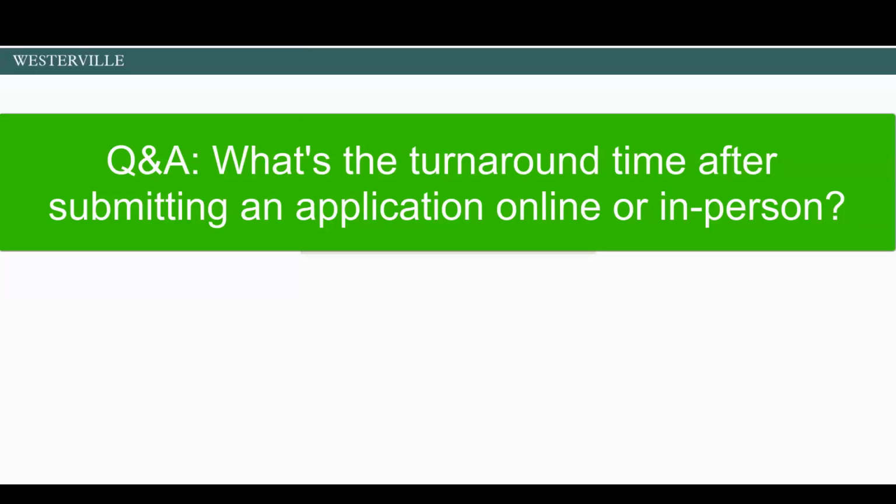When someone submits an application, our team goes through it to make sure it has all the information that it needs, and then we accept it. Once it's accepted, that starts the ball rolling and it goes through our workflow of who has to review certain applications. The applications that we have online right now are pretty quick because they're not requiring an in-depth plan review. So I would say the turnaround for most of our permits is just a matter of days.